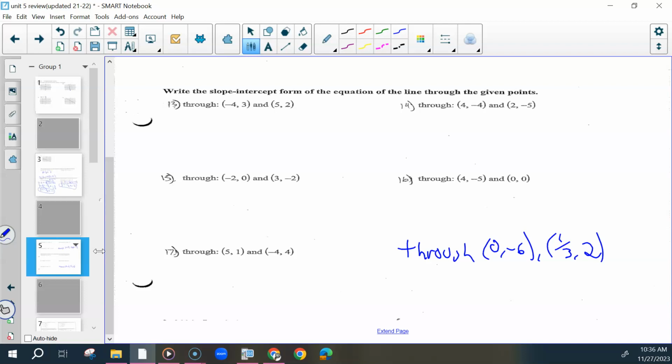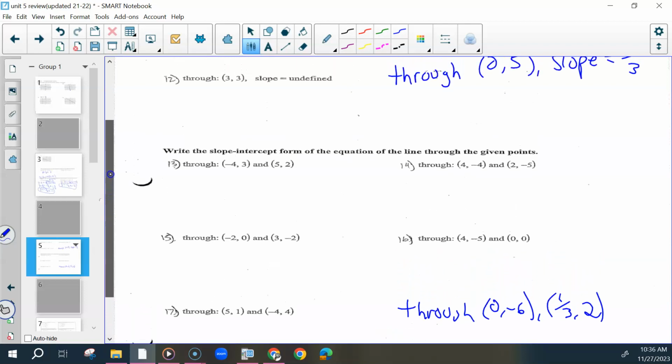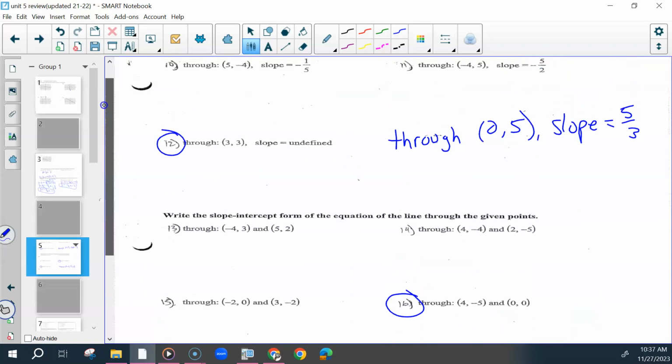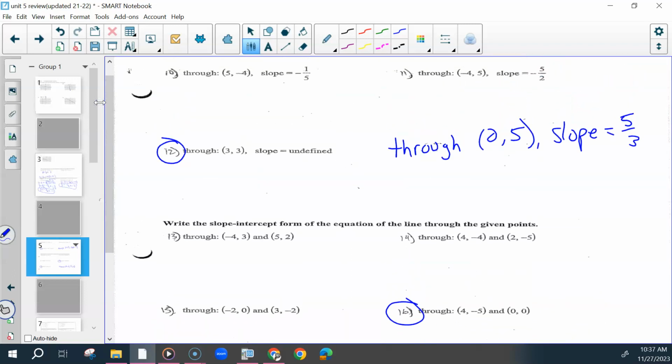Okay, so we're going to do the two that I just came up with. Are there any others that we want to see, do, go over? That's a good one. 16. So let's start with 12, and then we'll do this one, and then we'll do 16, 17, and the other one I made up.